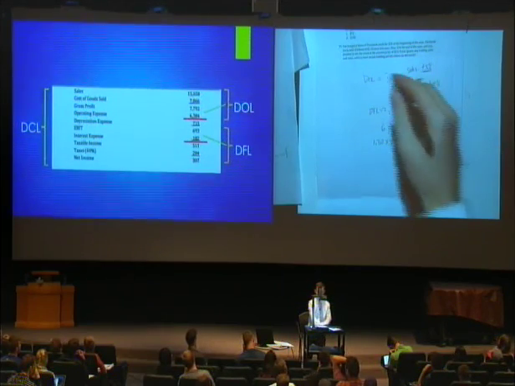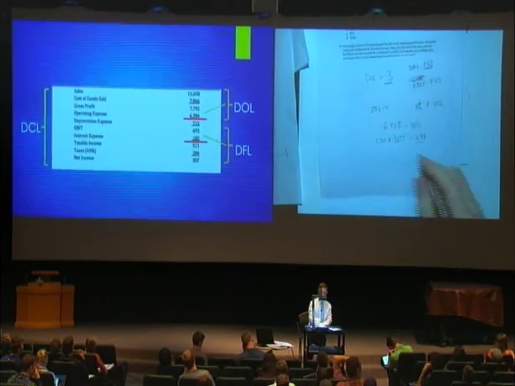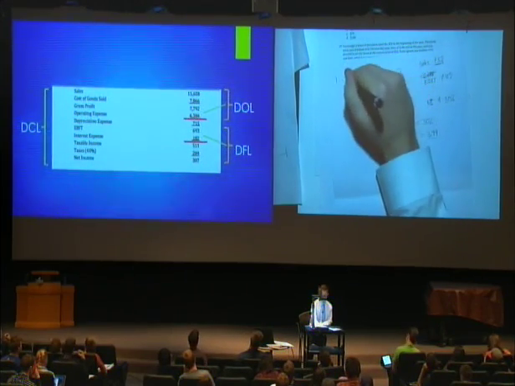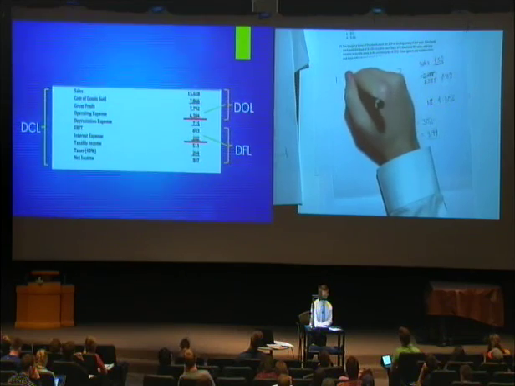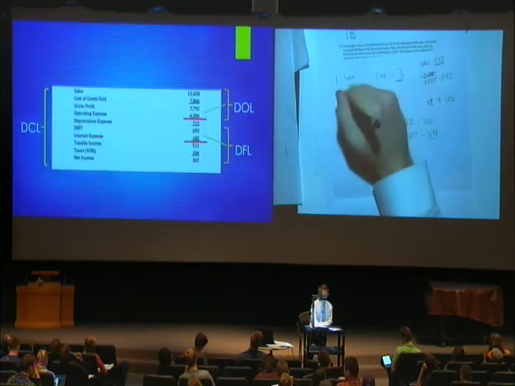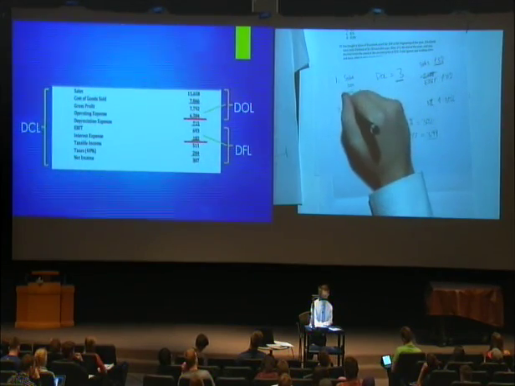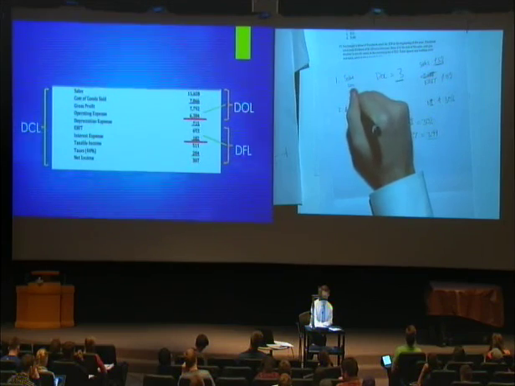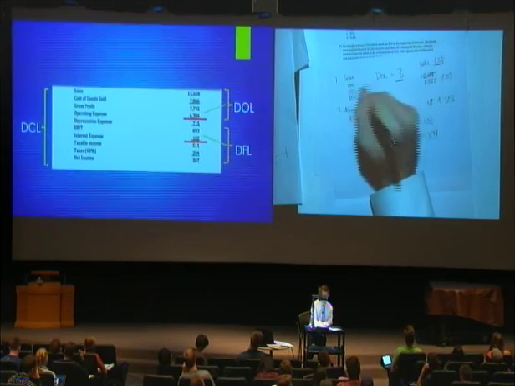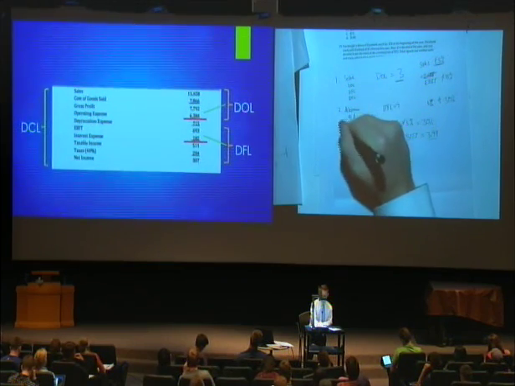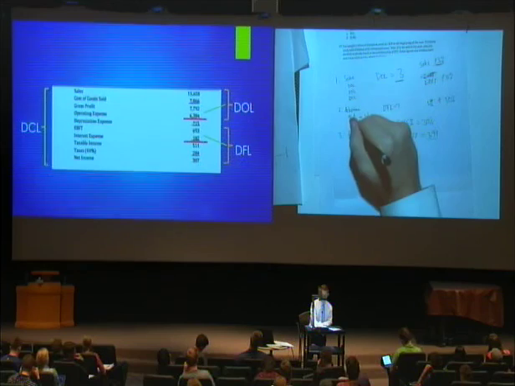And so first, you solve for these. First step, solve for DOL, DFL, or DCL. Second step, determine percent change in sales. And then the third step, apply that.